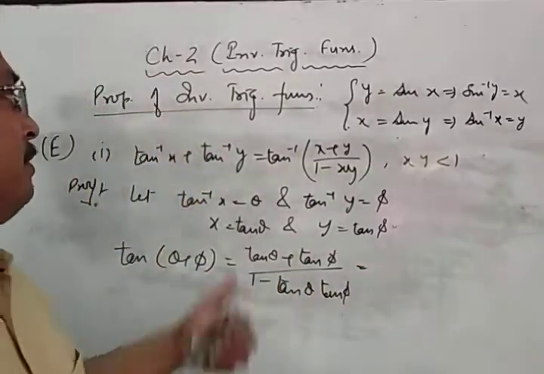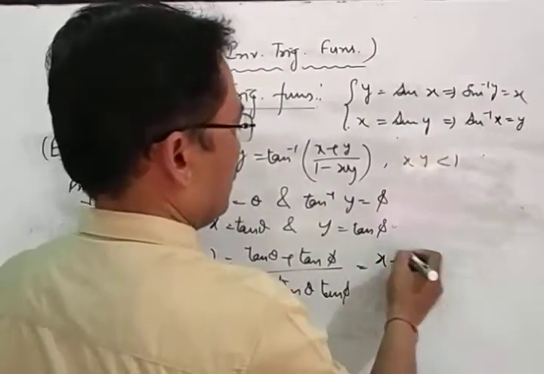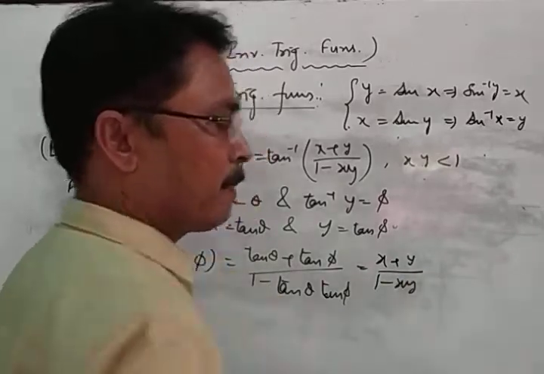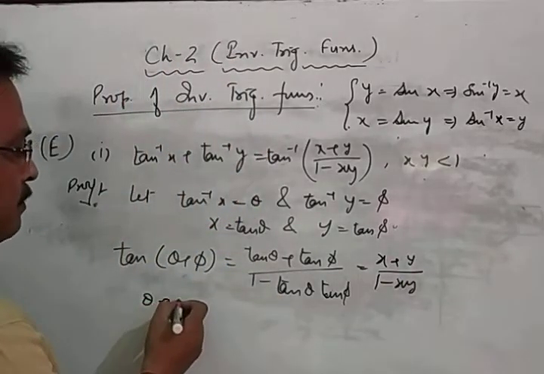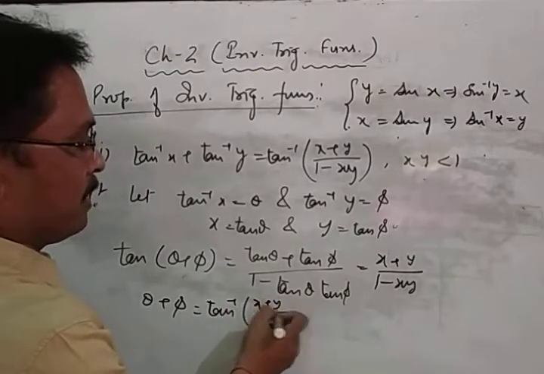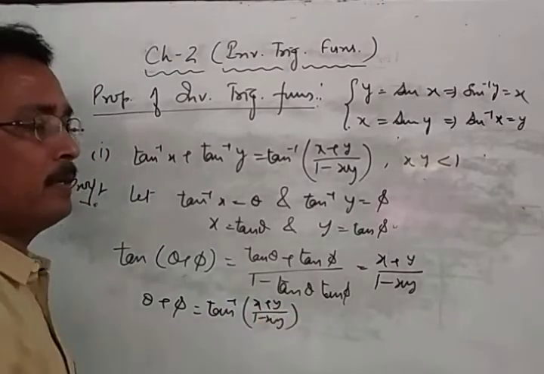In place of tan theta we can write x, and in place of tan phi y, 1 minus xy. Now theta plus phi will be tan inverse x plus y upon 1 minus xy.